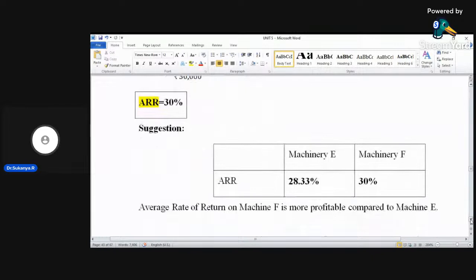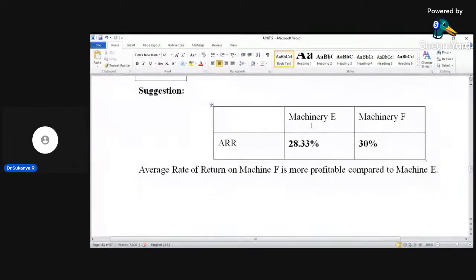So dear students, see here there is a table which shows the ARR of machinery E is 28.33%, ARR of machinery F is 30%. So when you compare the ARR of both these, whichever has got the highest average rate of return, that machinery should actually be preferred.